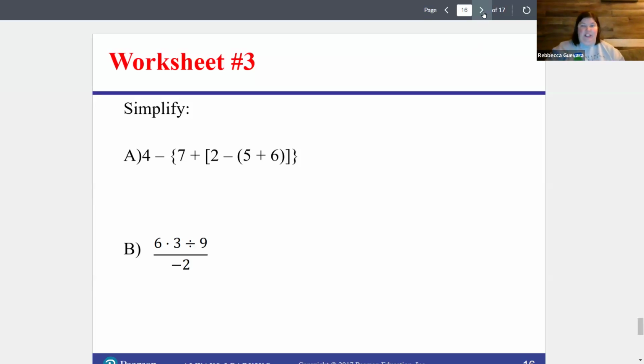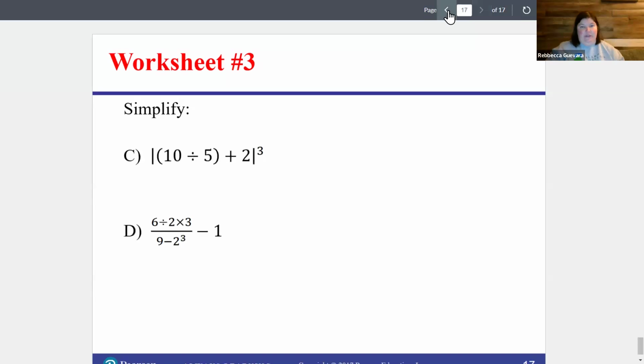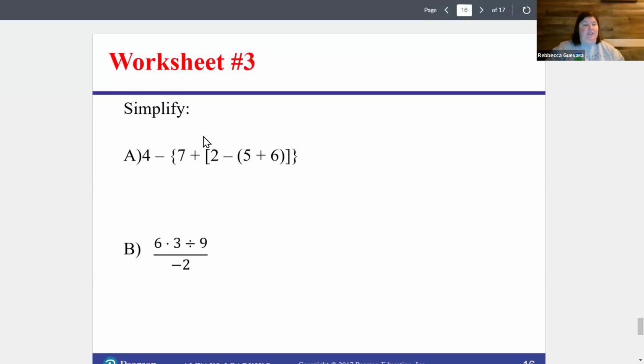But it's going to give you a chance to do this on your own. So you have A, B, and C, D here. A is parentheses within a bracket within a brace, so do the innermost first and work your way out. For this one, remember, the division sign is a grouping.